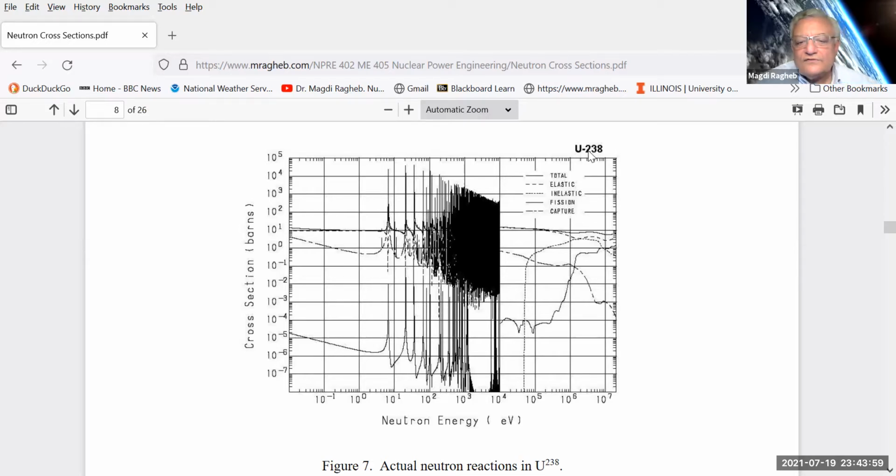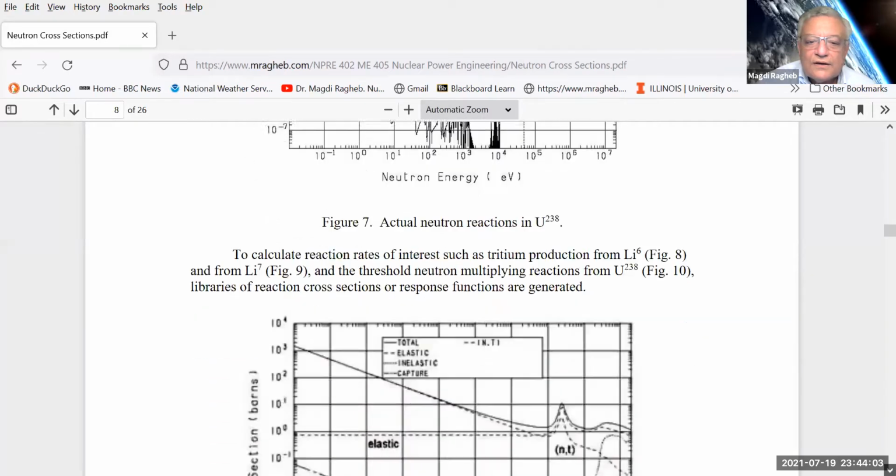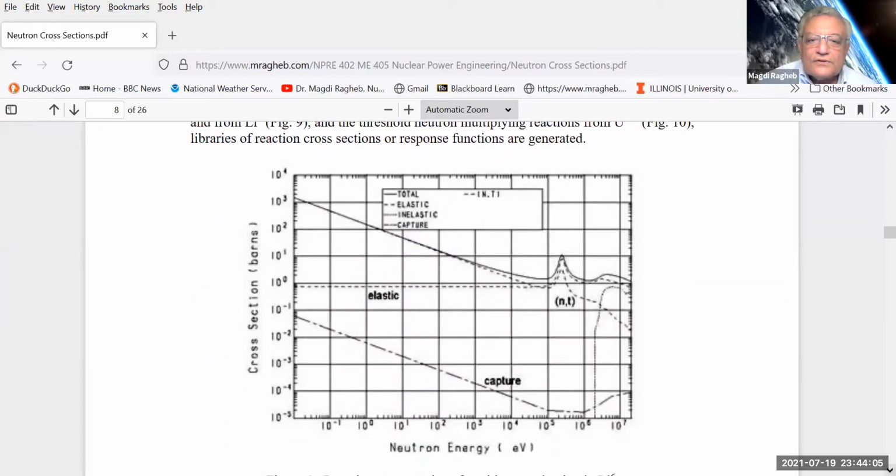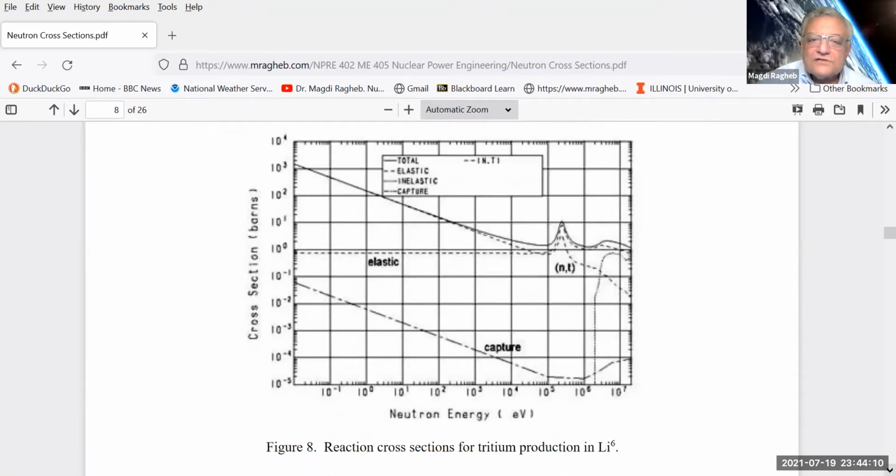All right, so this is the actual cross-section for uranium-238. Two important reactions that also matter in nuclear reactor designs come up when we build fusion reactors in the future. In fusion reactors, we'll be trying to use the 2 isotopes of hydrogen, deuterium and tritium.